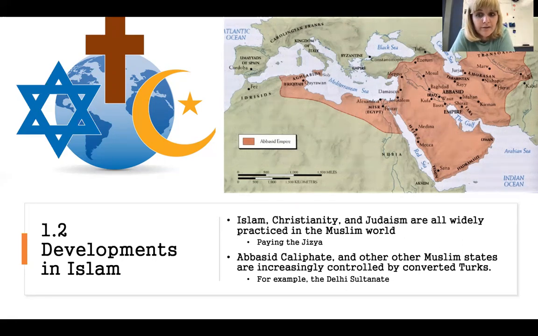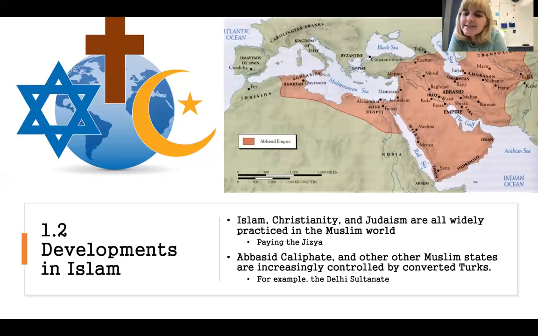Why? Well, you don't want Christians and Jews to revolt against you, and you want these people to pay the jizya. What is the jizya, guys? It is the tax that you pay if you are not a practicing Muslim. So yeah, why not have Jews and Christians living in your kingdom? You can tax them. It's good news.